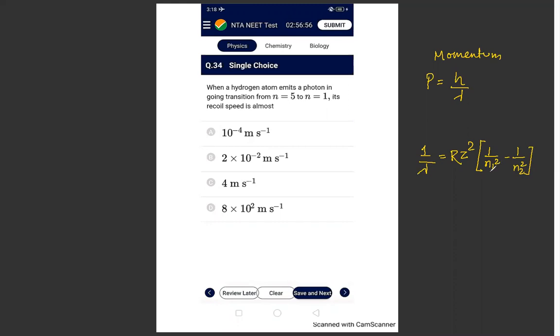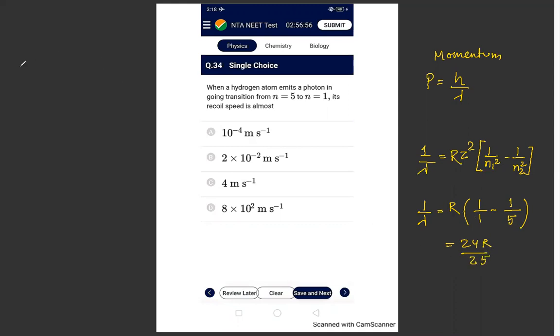Clear? So here we can put all these values to get the value of 1 by lambda. This is hydrogen, so Z square will become 1, R into 1 by 1 minus 1 by 5. So it is coming as 24R by 25. So this is the value of 1 by lambda.